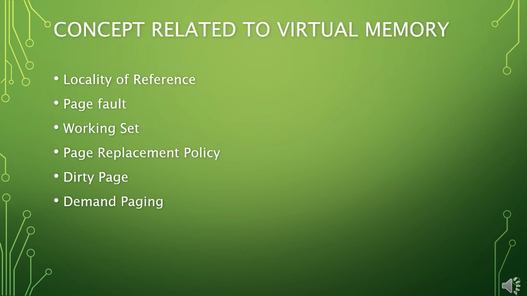And the last one is demand paging. In demand paging, a page is brought in only when demanded. Consider a process is created with no pages in the main memory. When the process is dispatched initially, the program counter will have been loaded with the address of the first instruction. This address obviously belongs to a page outside the main memory, so a page fault will occur and the OS will now bring that page into memory.